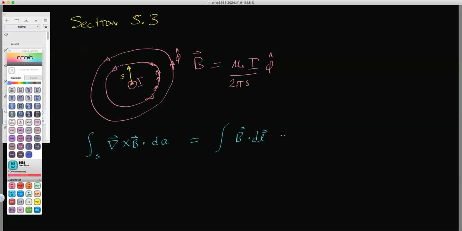Let's write that out. We know what B is. So we have the integral, and this needs to be a closed curve that bounds the surface. We have mu 0 I over 2 pi s for our B field, and then dl, and that's just mu 0 I over 2 pi s times the integral of dl.